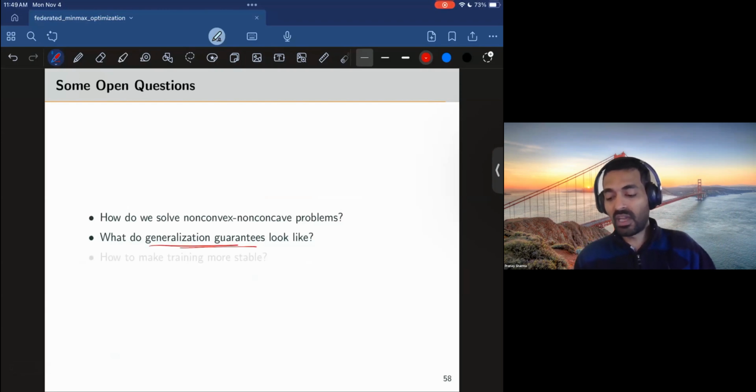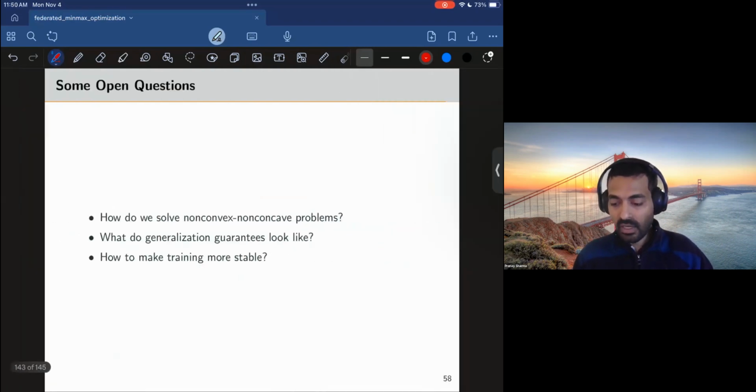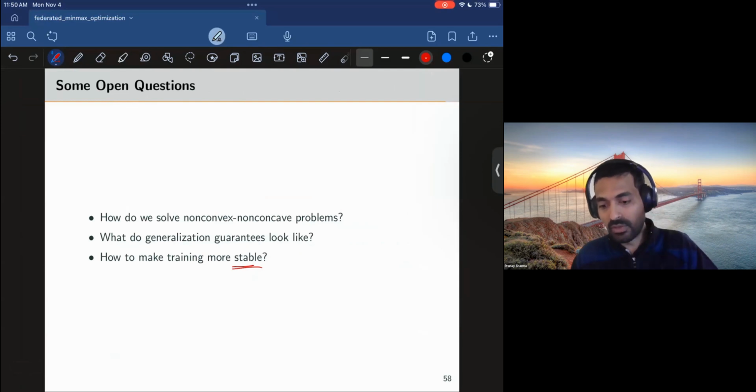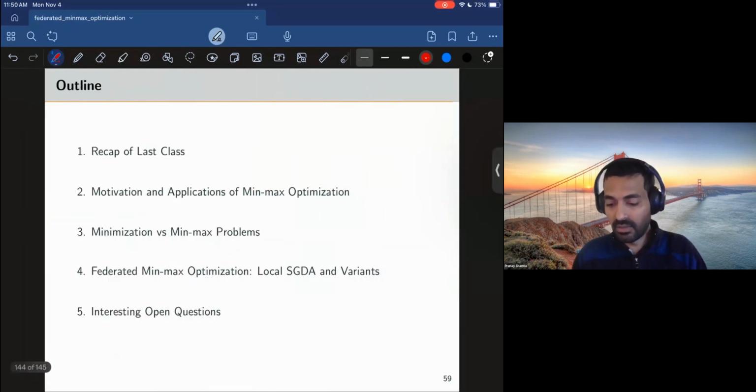What do generalization guarantees look like for min-max problems? This is again a very open space. And finally, how do we make min-max learning more stable in general? Because of this instability, GANs have sort of fallen out of favor. But if we can make this training stable, maybe GANs would be back in fashion again. So these are some of the open questions if you are interested.